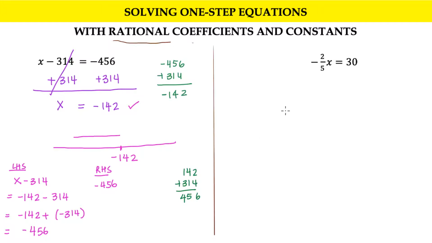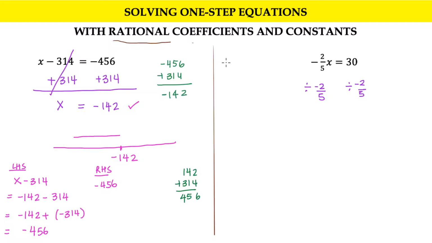Now let's look at the next problem. Negative 2/5 x equals 30. This negative 2/5 is being multiplied by x, and we want 1x. So let's just divide both sides by negative 2/5. And how do we divide 30 by negative 2/5? I wish I had left some space on this side.